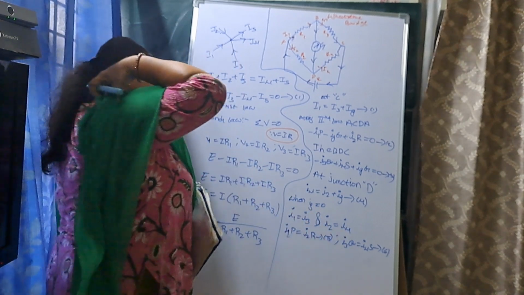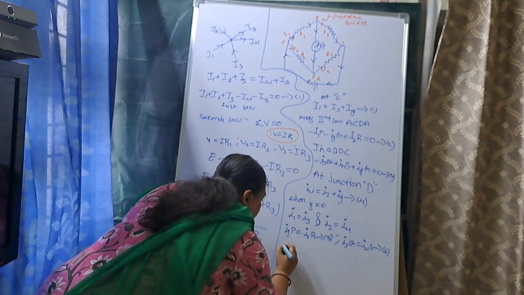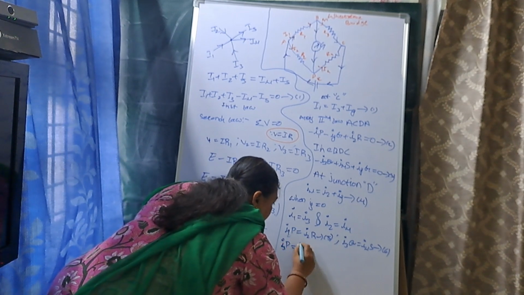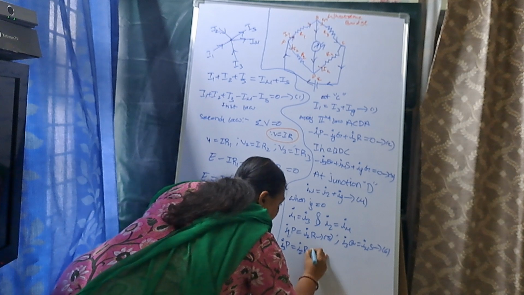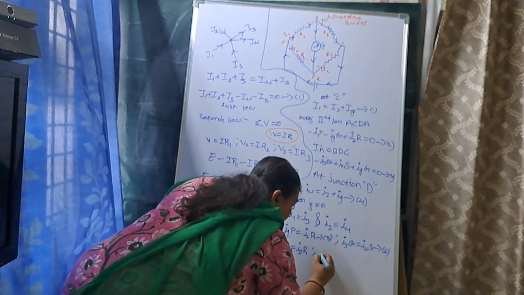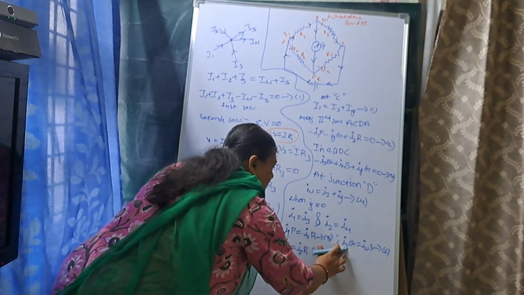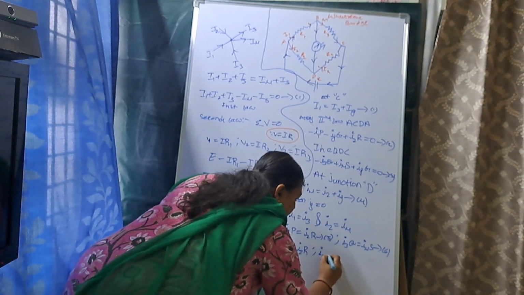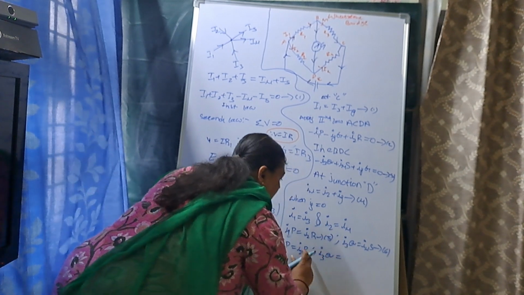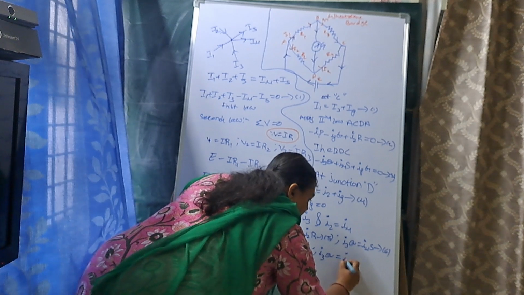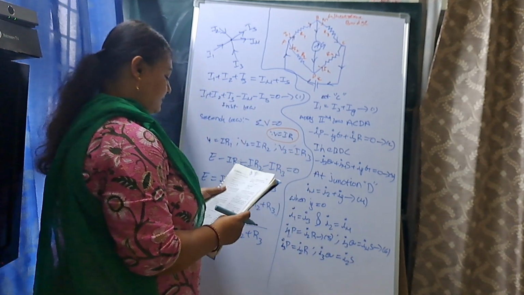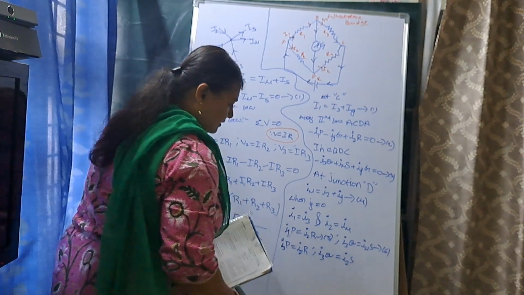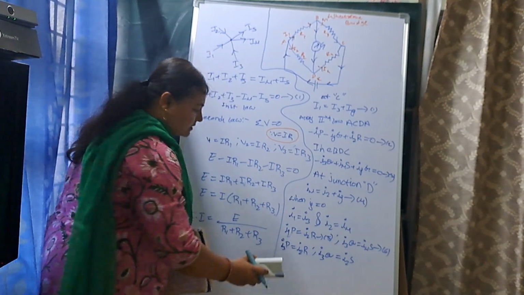Can I write like this? I3P equal to I2R, and so I4 means I2, I3Q equal to I2S. When we compare all these equations, finally we will get the answer.